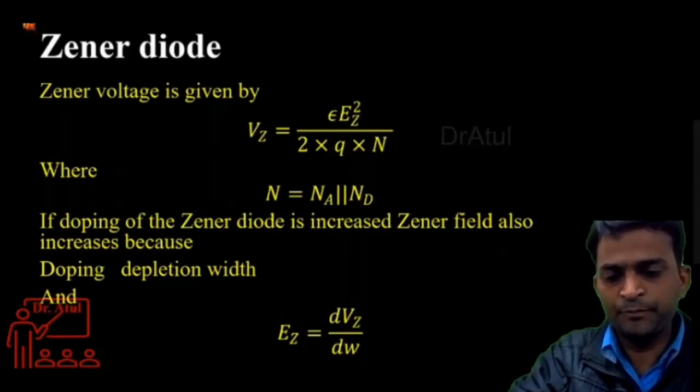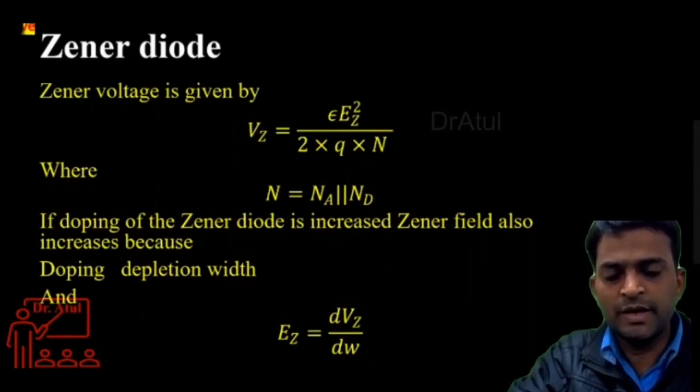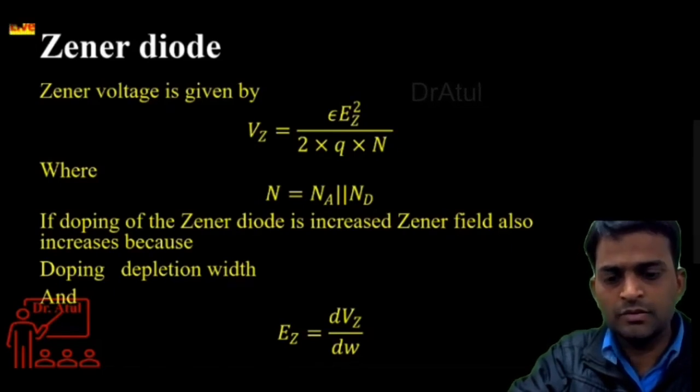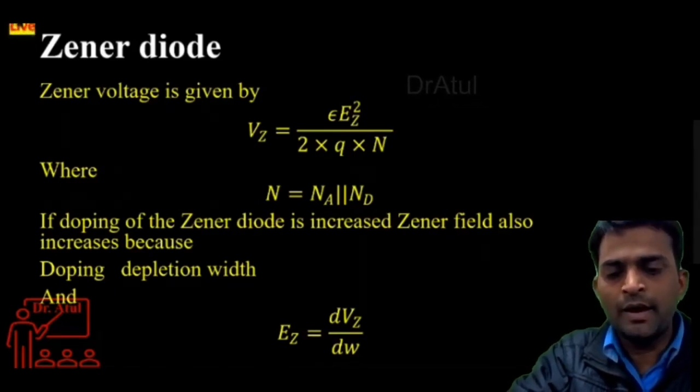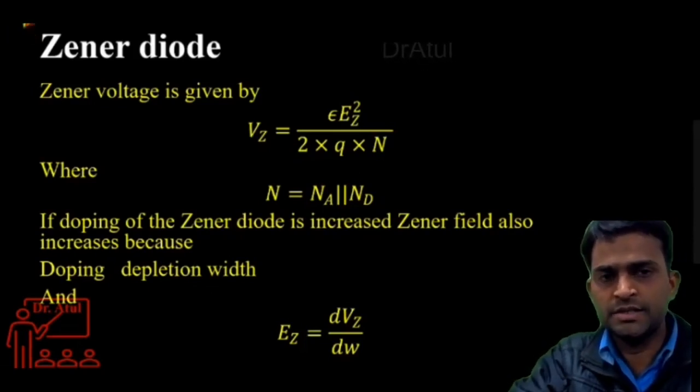Zener field. So this is calculated by the change in the Zener voltage divided by the change in the depletion width, so dV by dW, and this q is the charge of an electron, which is 1.6 into 10 to the power minus 19 coulomb, and capital N is the average concentration.